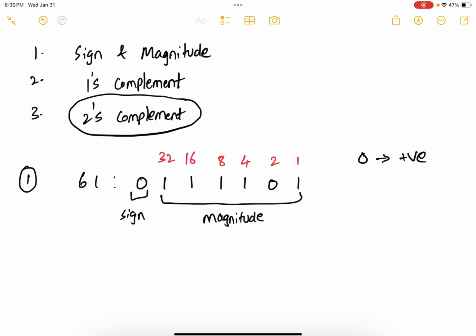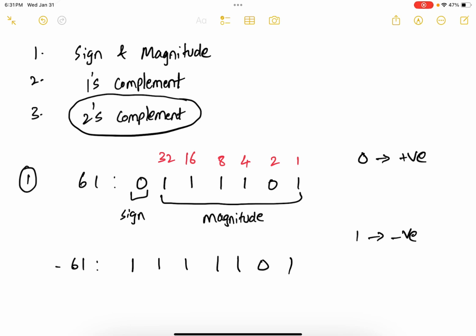Now let me represent negative 61. We first put the sign, which is a 1, and then we give the magnitude, which is the same as above. If the sign bit is a 1, it indicates that it's a negative number. So this is the sign and magnitude representation.